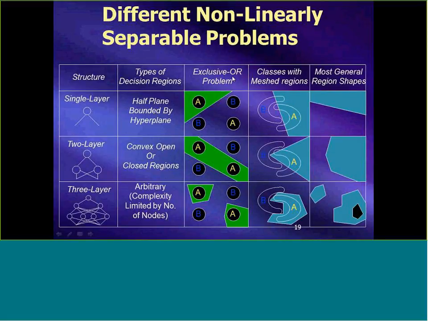When you go to a problem like exclusive OR, where you cannot do this linear separation, obviously you cannot solve this problem. You have to go with another architecture and other functions. You may wonder why I end here with 3 layers. Why not more than 3 layers?